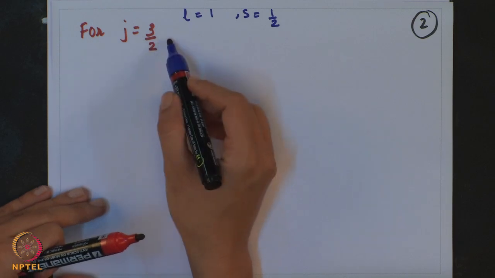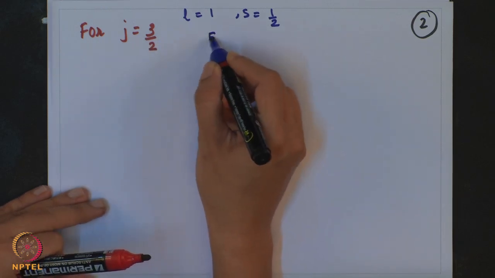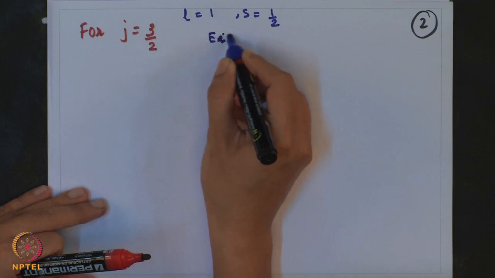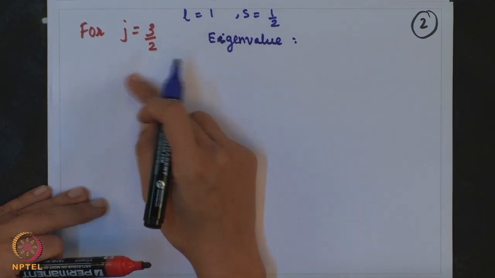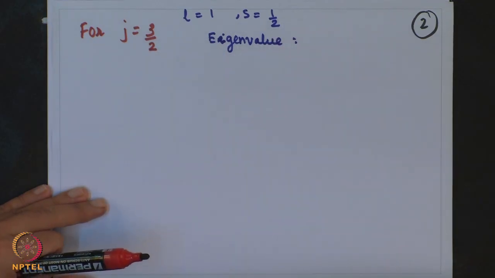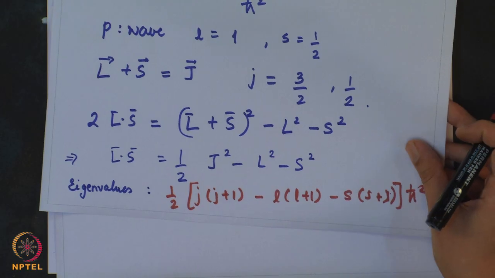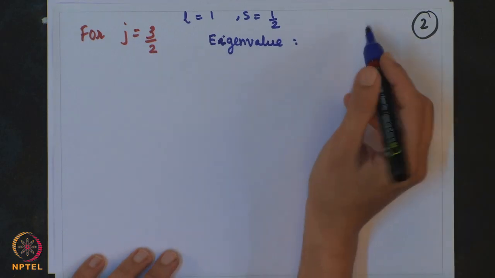For J is equal to 3 by 2, you just evaluate this part by putting the value of J, L and S and obtain the eigenvalue.